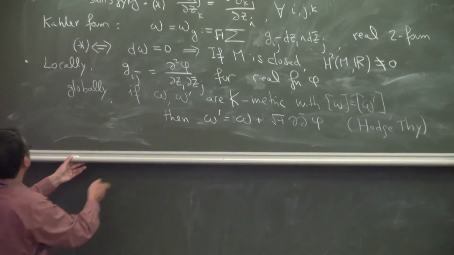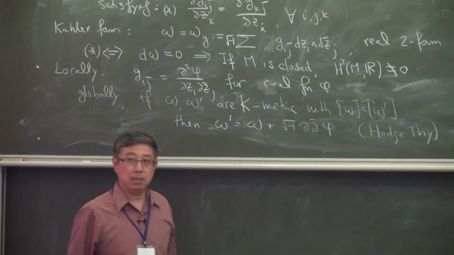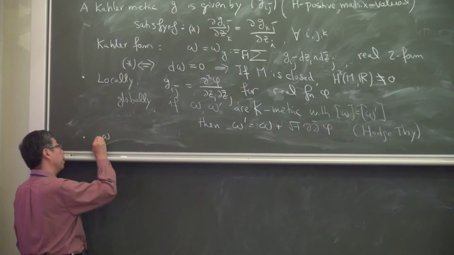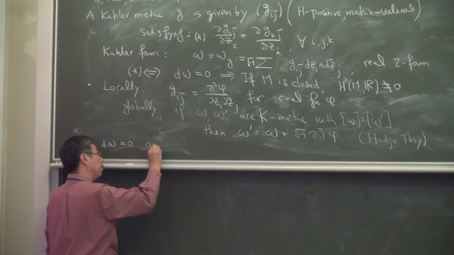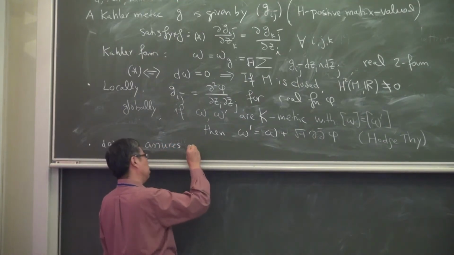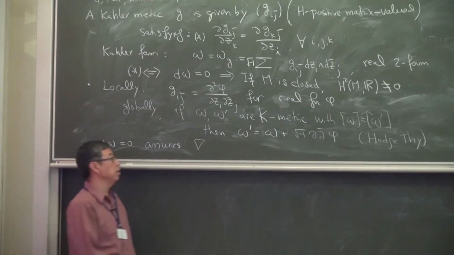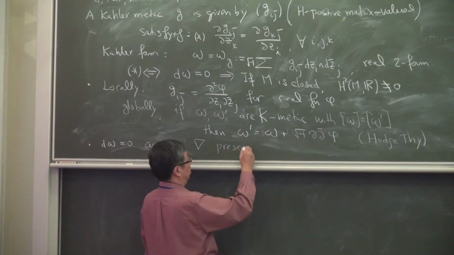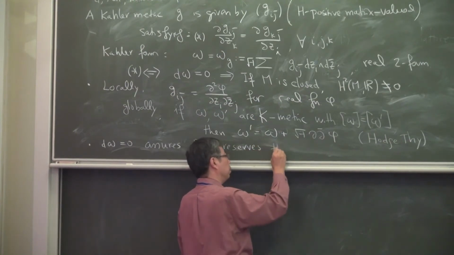So another thing you can say, to make a connection to the last talk, is the Kählerian condition d omega equals 0. This condition assures that the connection, the Levi-Civita connection we defined last time, preserves the complex structure.